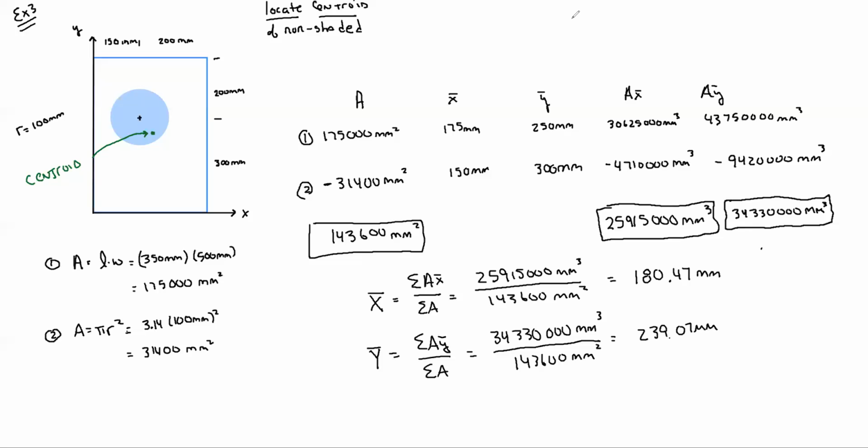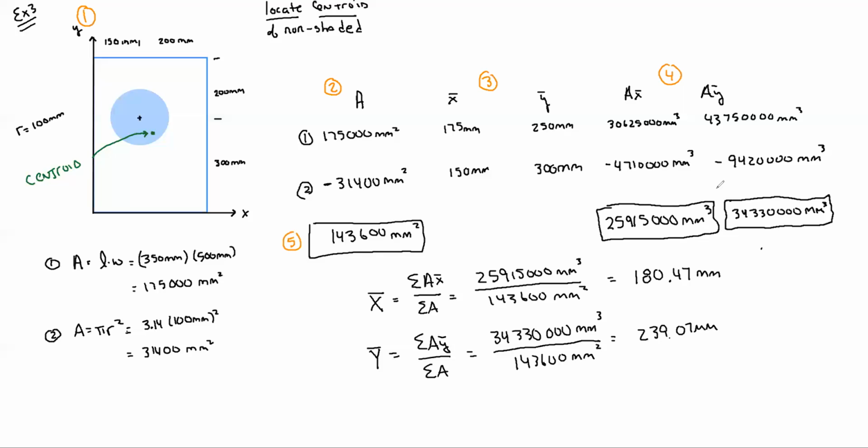Let me review our steps real quick. Step one was to identify the X and the Y. Step two was the area. Step three was the small X and Y bars. Step four was the multiplication step. Step five was the summation of the areas.